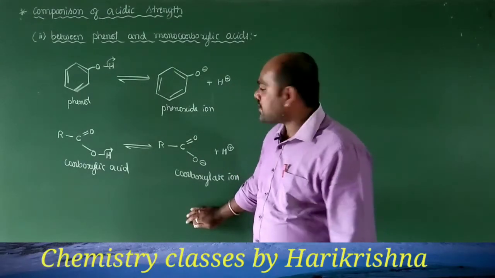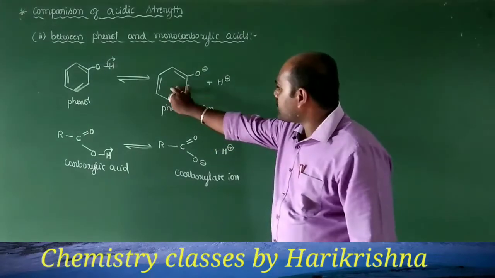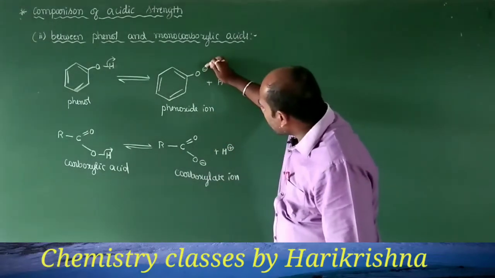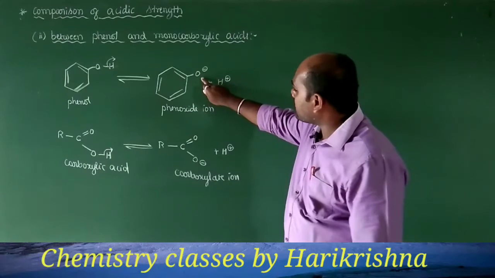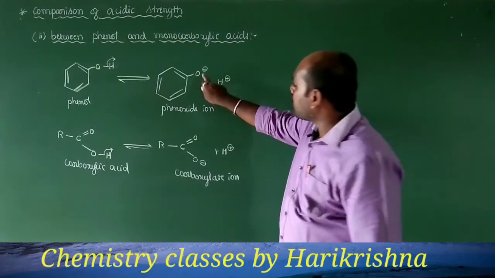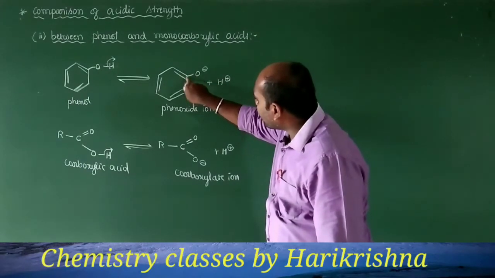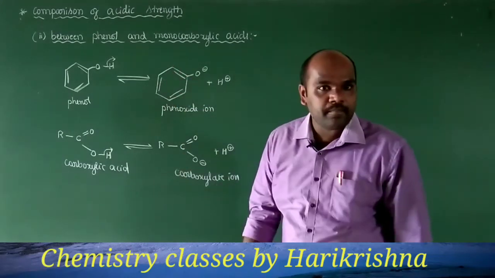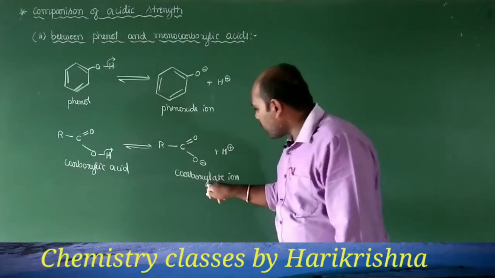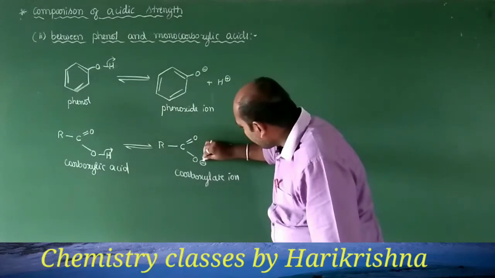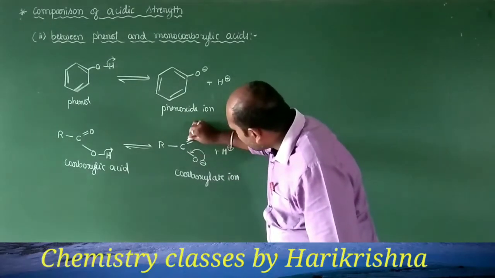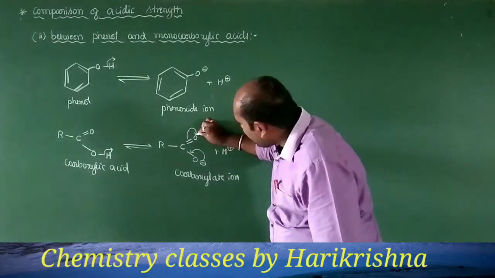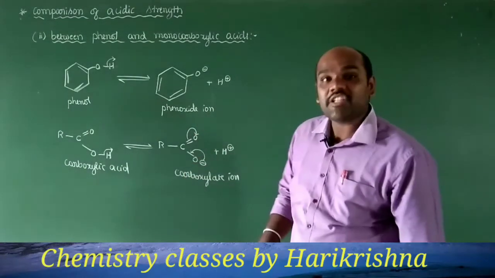The reason for this is, you can notice, in the case of phenoxide ion, the negative charge on the oxygen atom has to disperse between oxygen and the carbon atom of the benzene ring. But in the case of carboxylate ion, the negative charge will distribute between two electronegative oxygen atoms.